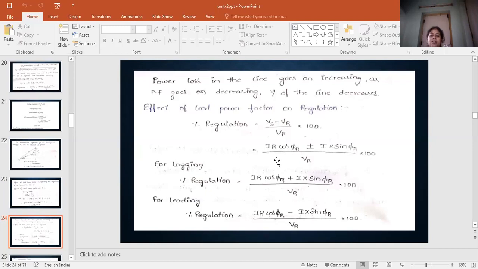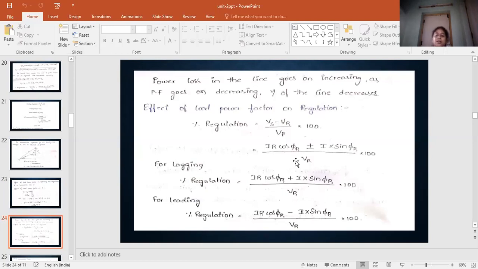And the effect of power factor on regulation. Here, the effect of load power factor on regulation. We know the formula of regulation is Vs minus Vr by Vr into 100. We can solve it for short transmission lines. We can get the value for the regulation with IR cos phi r.